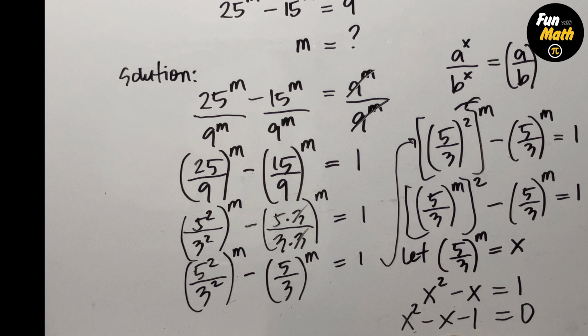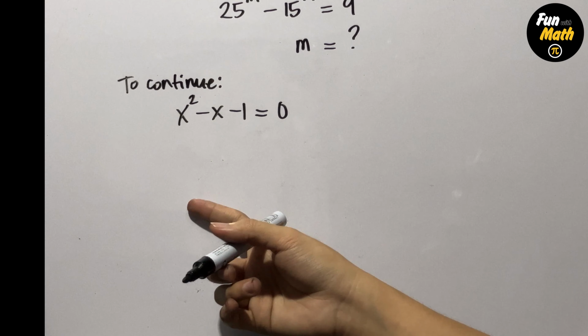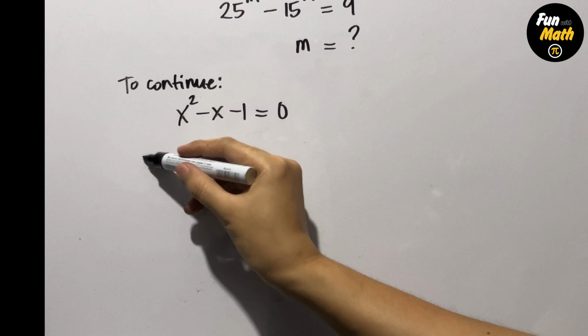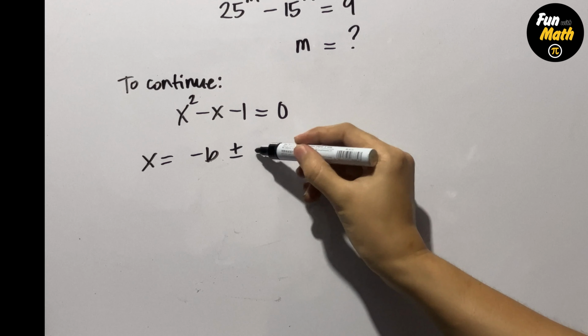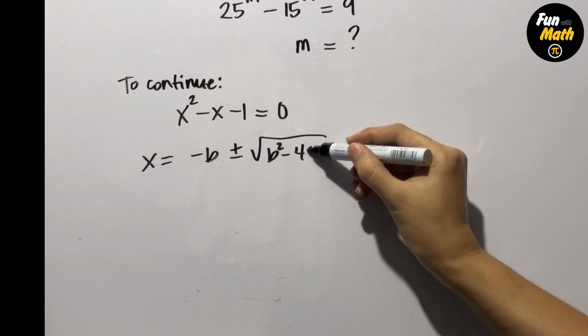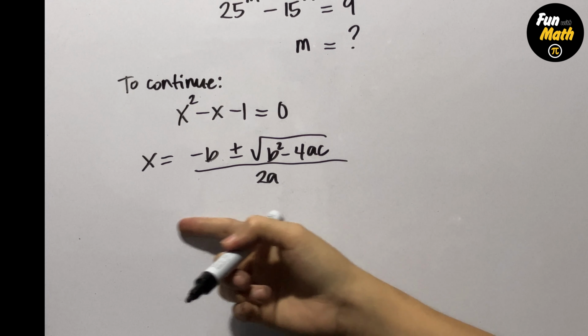Now, since this is a degree of 2, this is called a quadratic equation. So to find the roots of x, we are going to use the quadratic formula. The quadratic formula to find the roots is x is equal to negative b, positive negative square root of b squared minus 4ac, all over 2a.